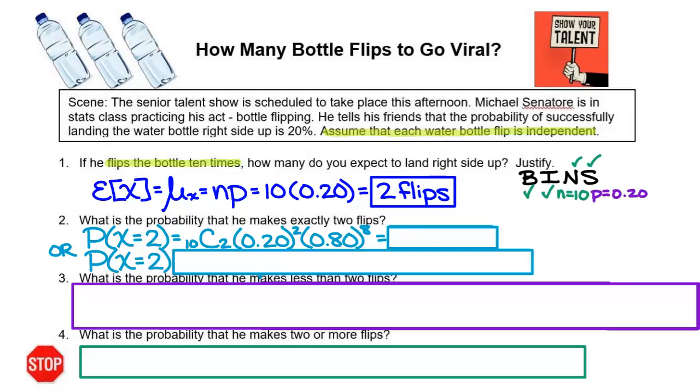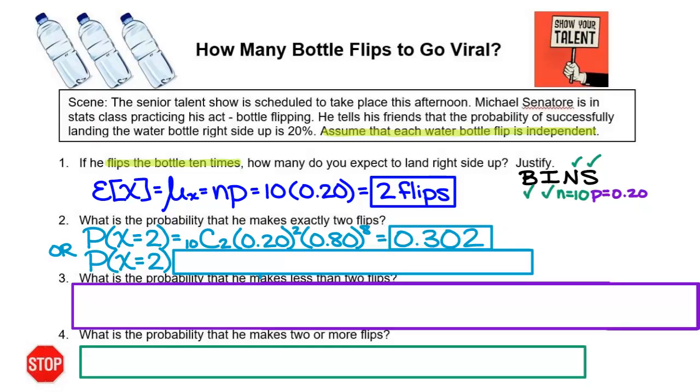Now, we need to put a number in before we do that. So you need to put the 10 in first and then do what I showed you. So type in the 10 and then do that piece to get the C. Does anybody have an answer? 0.302 is what I got as well.